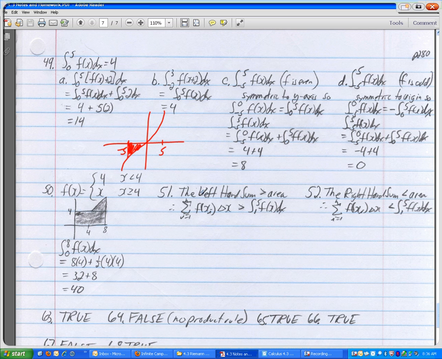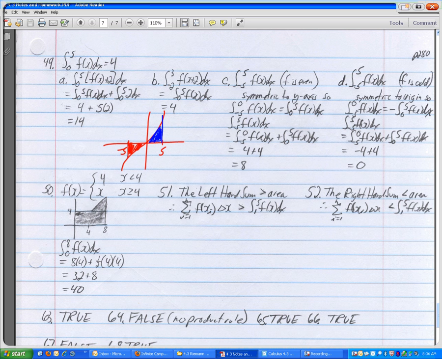That region, the red one, and the blue one are mirror images of each other, right? But the blue one's going to have a positive signed area, whereas the red one's going to have a negative signed area. Okay? So when that happens, that integral is going to be 0.